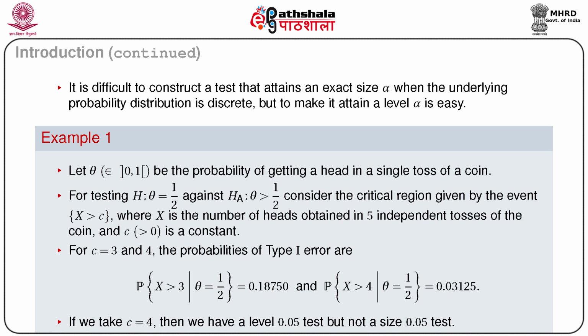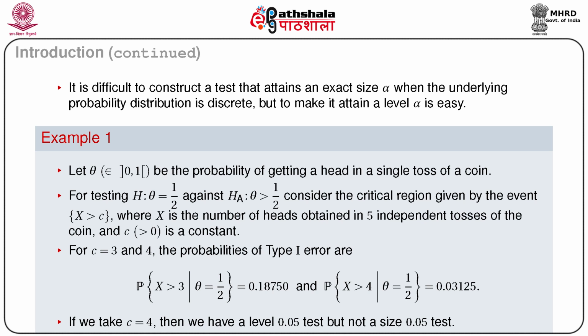Let theta be the probability of getting a head in a single toss of a coin. For testing H naught, theta equals half, against H a, theta greater than half, suppose the coin is tossed 5 times and H naught is rejected if the observed value of X is greater than c, where X denotes the number of heads in 5 tosses of the coin and c greater than 0 is a constant.